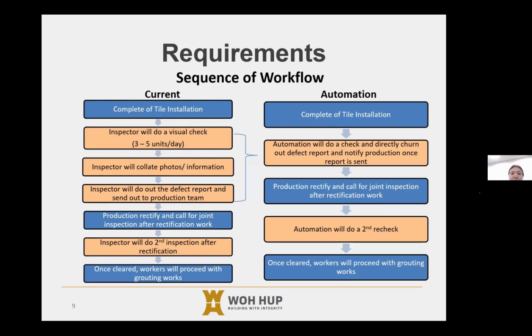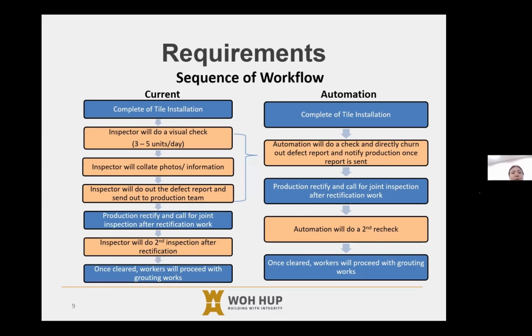Next will be a simple sequence of workflow for the pre-grouting work. So for the current work procedure on your screen on your left, upon tiles inspection, our inspector will do a visual check, then 3 to 5 units per day.